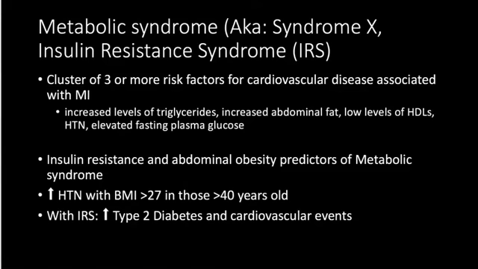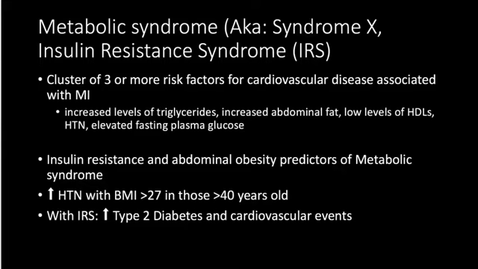I do want to mention metabolic syndrome, also called Syndrome X or insulin resistance syndrome, IRS. It's a cluster of three or more risk factors for cardiovascular disease that are associated with myocardial infarction. That would be increased levels of triglycerides or increased abdominal fat, low levels of HDL, hypertension, or elevated fasting plasma glucose.